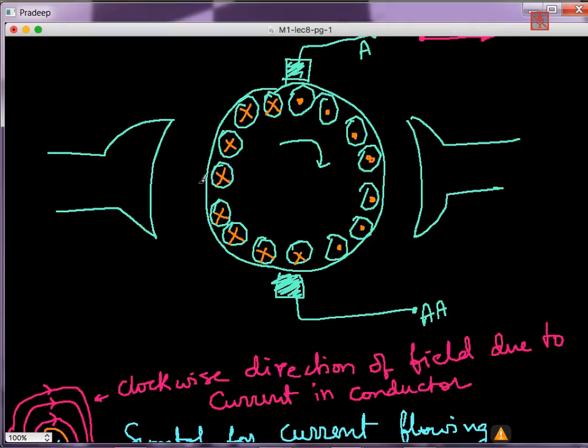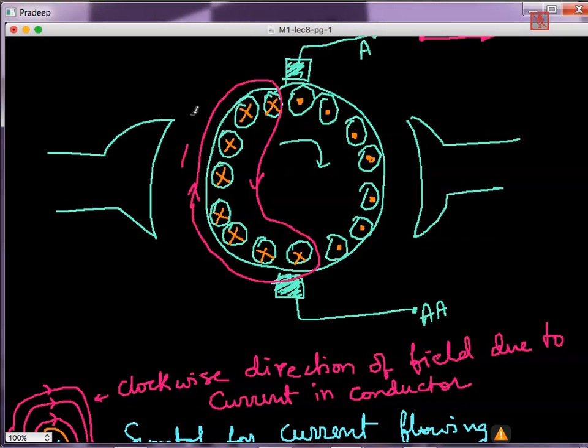Clockwise direction here, so it will go up here and down here. Let me draw one more line. Again here it is up and here it is down.